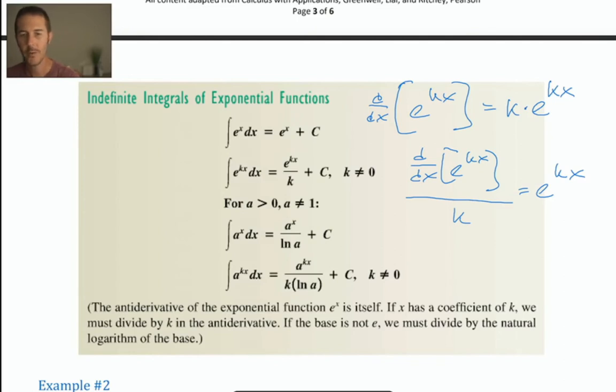Why? Well, now I'm going to take the antiderivative and I'm going to factor out this division by k. So I've got 1 over k times the antiderivative of the derivative of e to the kx. But since I took the antiderivative of the left-hand side, I must take the antiderivative of the right-hand side.